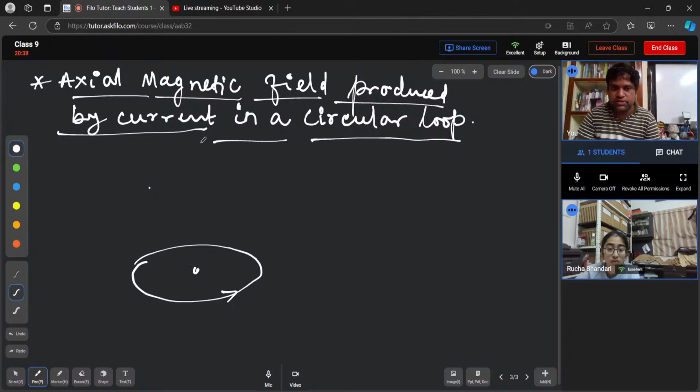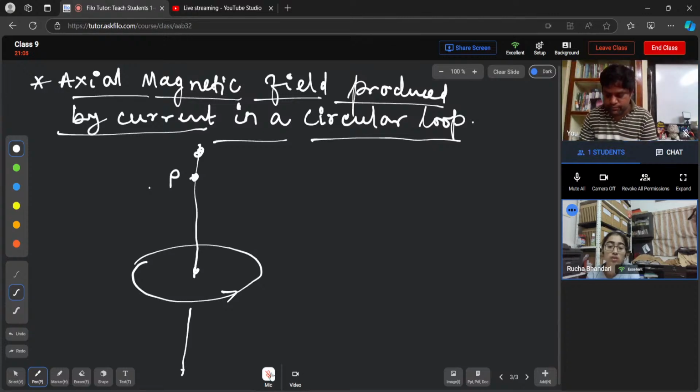Let's say this is the axis. At a point P on the axis, we'll find out what is the magnetic field.